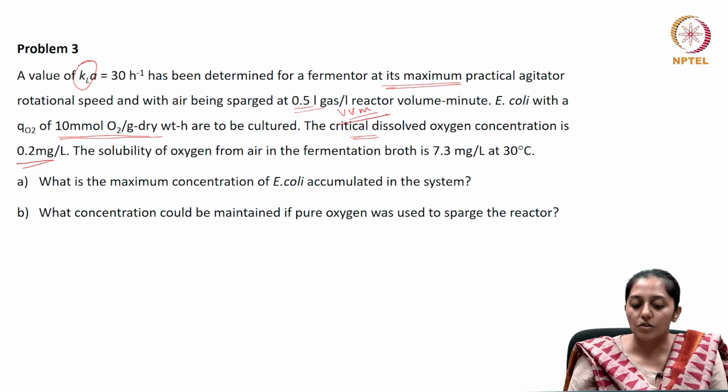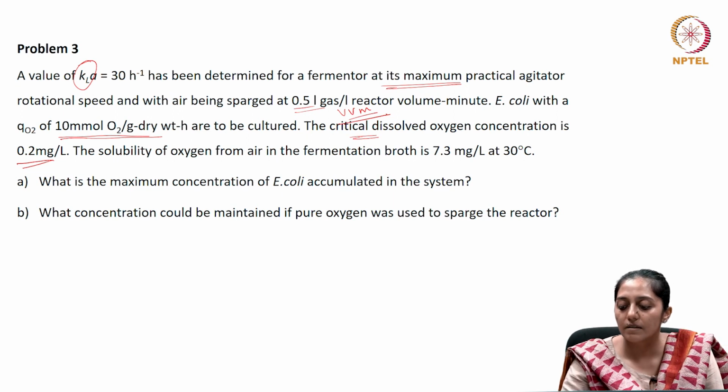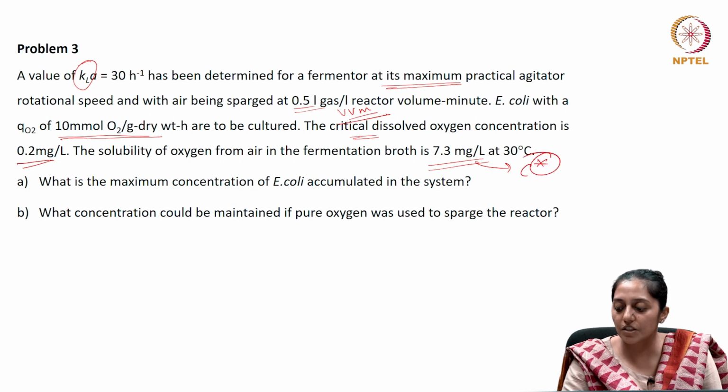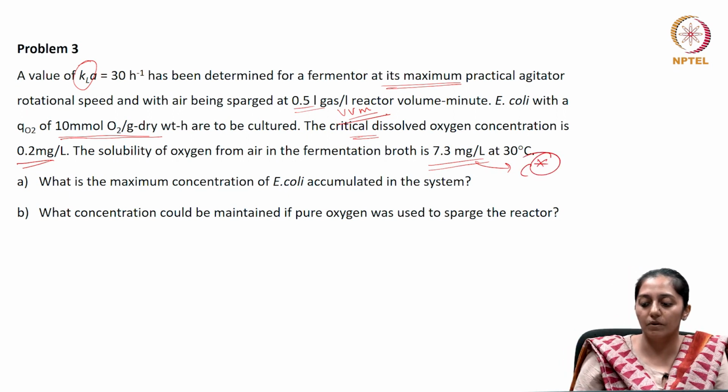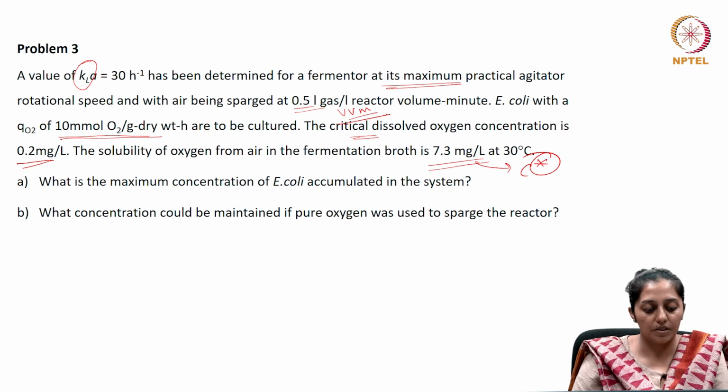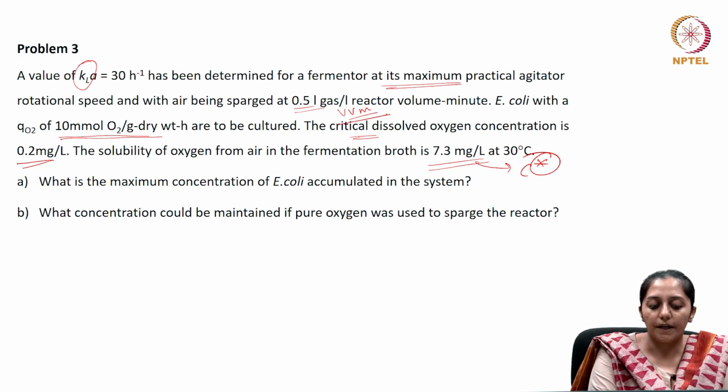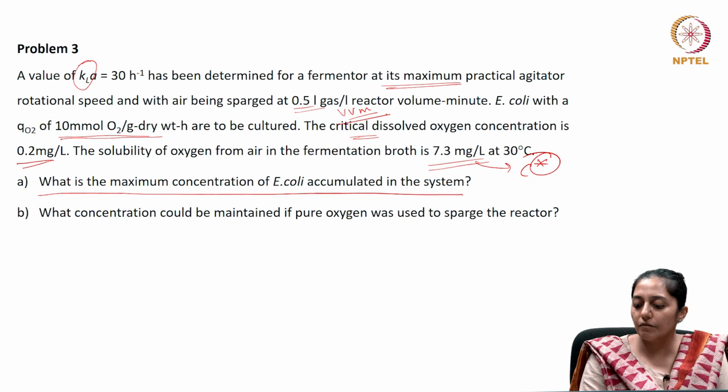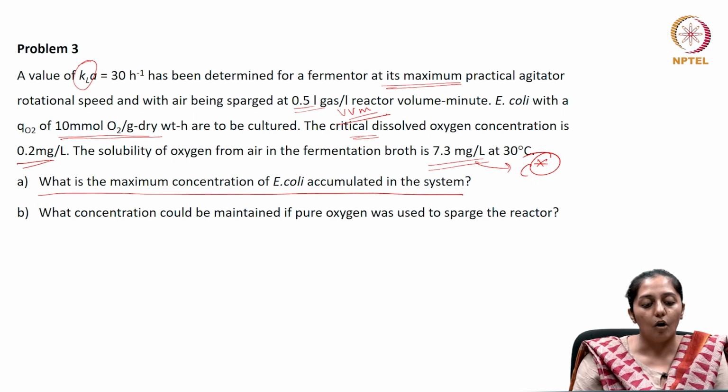The solubility of oxygen from air in the fermentation broth is 7.3 mg per liter. So, this is nothing but our saturation oxygen concentration value at the given temperature and pressure. We need to find out the maximum concentration of E. coli which can be obtained in this fermenter.